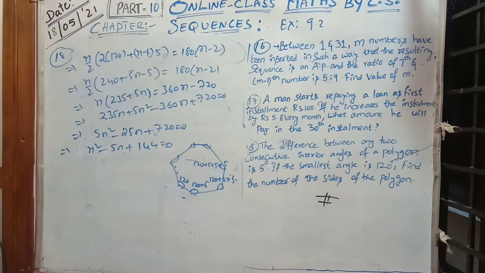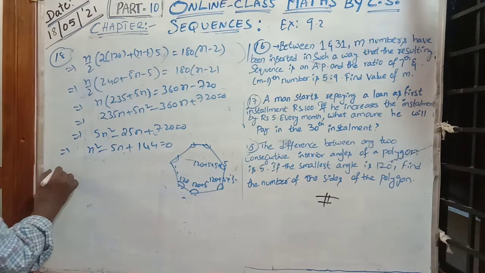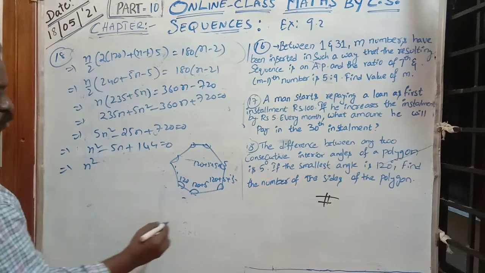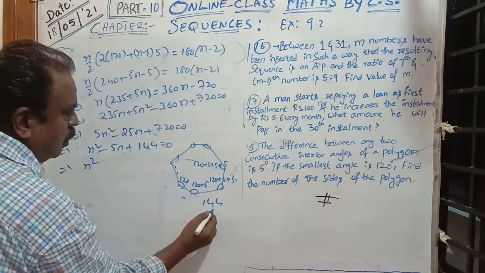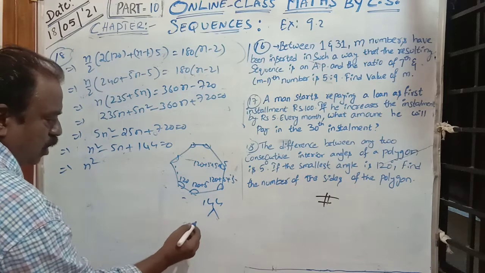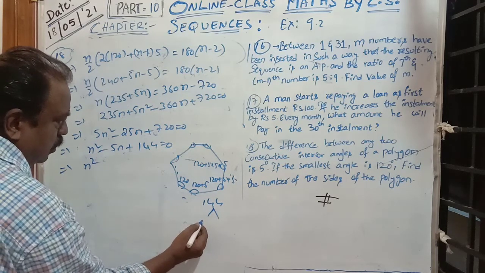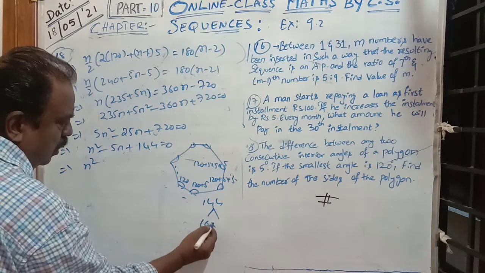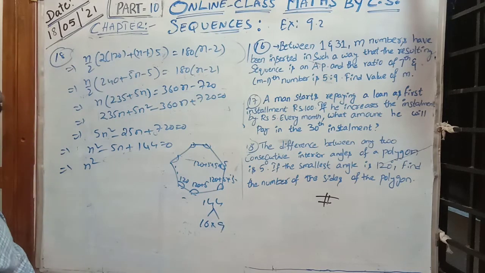Now it is a quadratic equation, factorization. 144 is 16 nines.